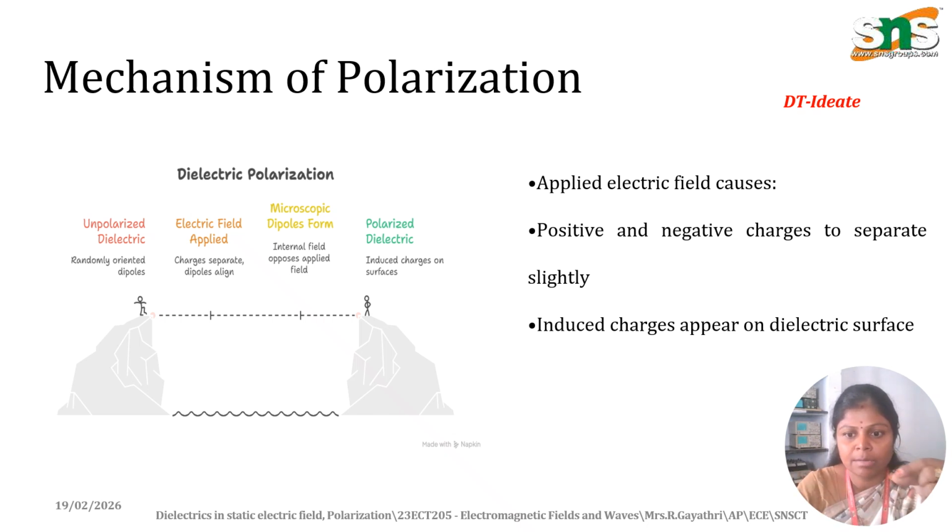When a plus charge and a minus charge are separated by a distance d, this is called the dipole moment. The induced charges appear on the dielectric surface, and the field due to those charges opposes the applied electric field.